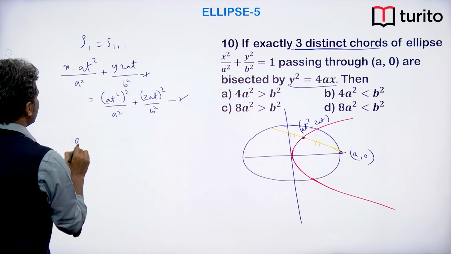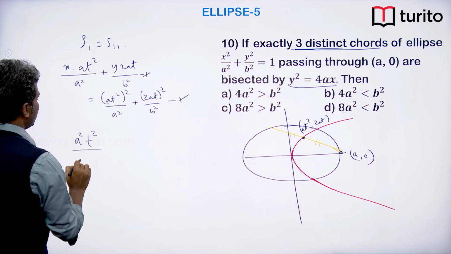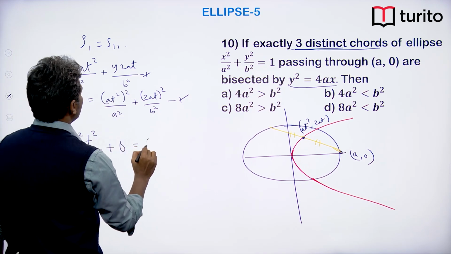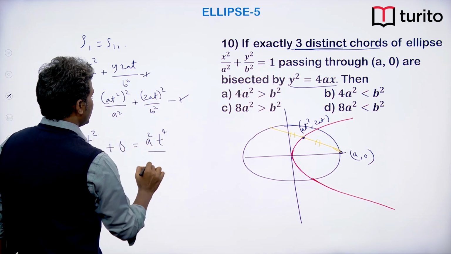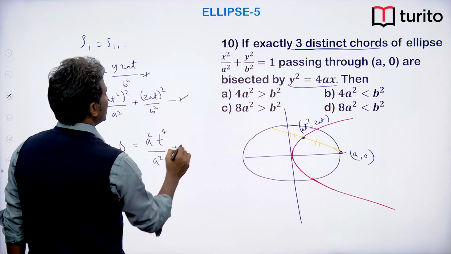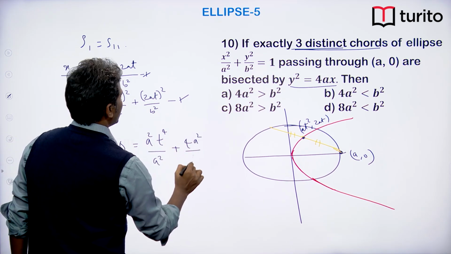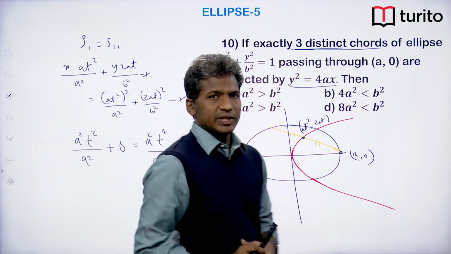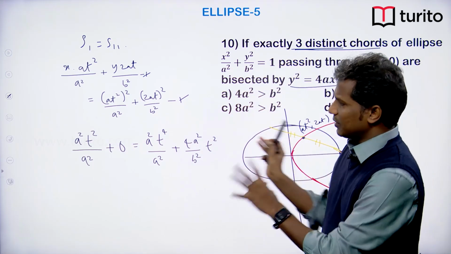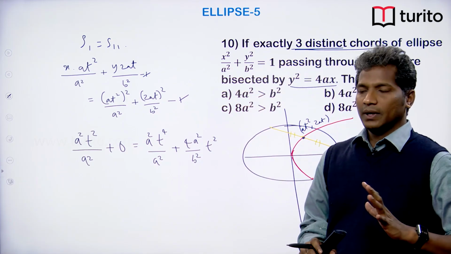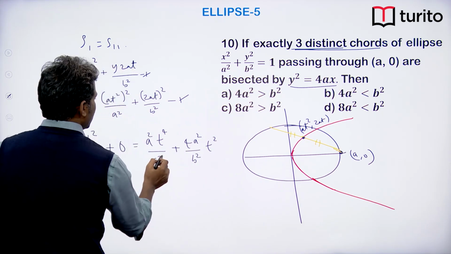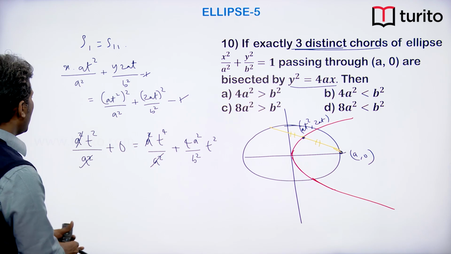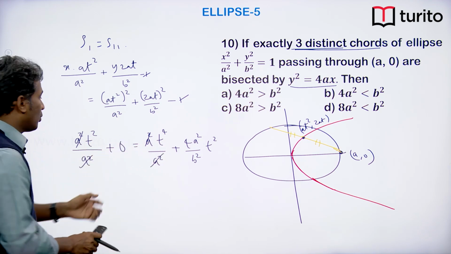So, when I put a here, I will get a square t square by a square plus this term becomes 0 is equal to a square t power 4 by a square plus here I am getting 4a square by b square into t square. Now, see if there are any terms which can get cancelled and simplify this into a polynomial. So, here luckily a square is getting cancelled, here also a square is getting cancelled and t square also is coming out to be common.